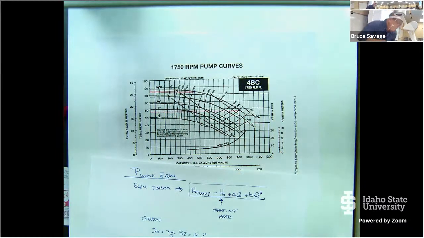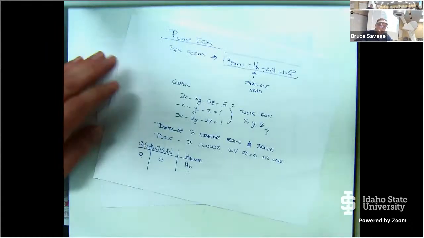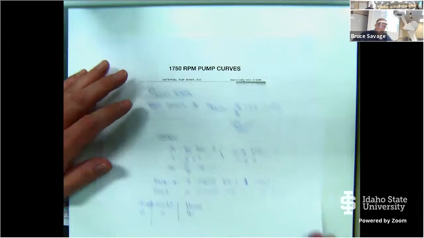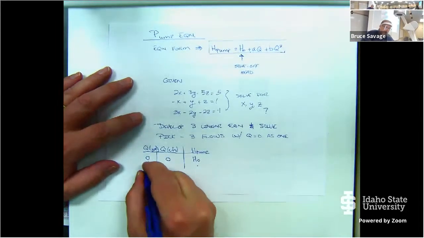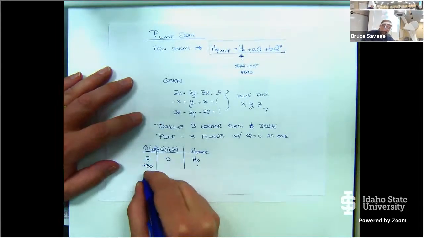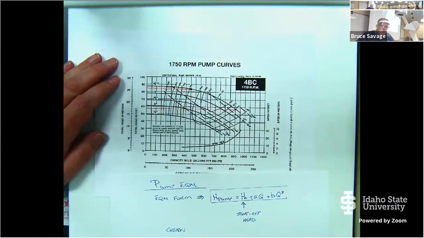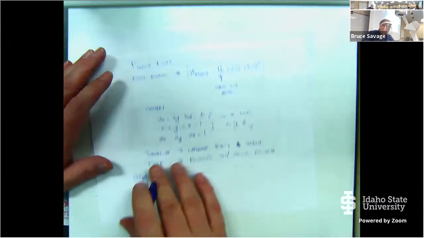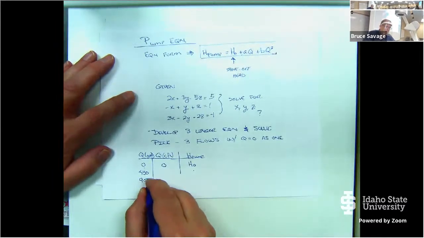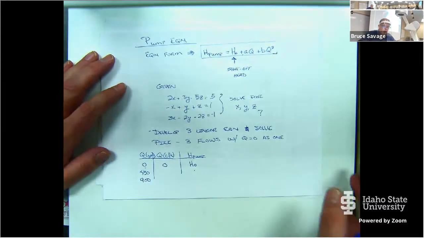Everyone see how I got that? Now I can fill my table in: this is going to be 450 and the other one is 900. I didn't intentionally double that. They don't have to be double like that, it just worked out that way.